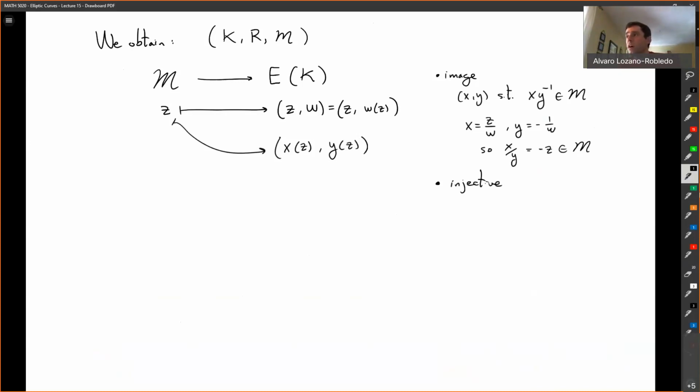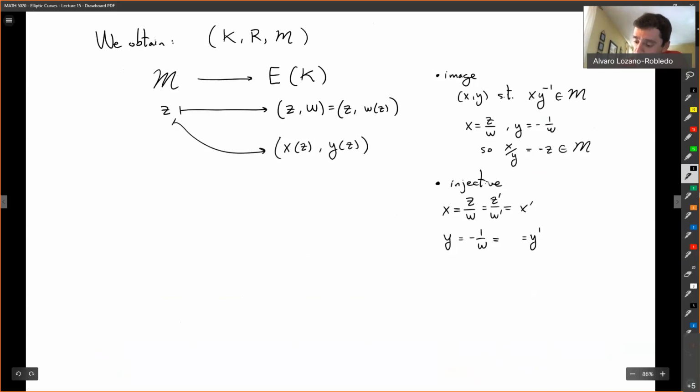Because if X, which is Z over W, was the same as some X prime, which is Z prime over W prime, and Y, which is minus 1 over W, was the same as some other Y prime, which is minus 1 over W prime, then this tells me that W equals W prime, and then from this equation I would get Z equals Z prime.